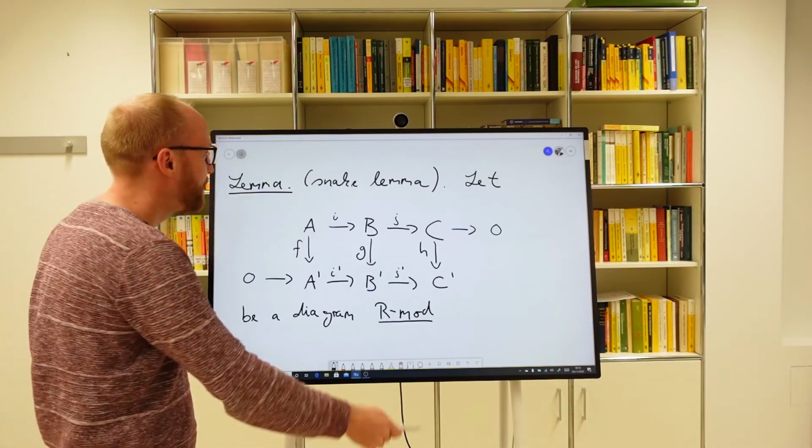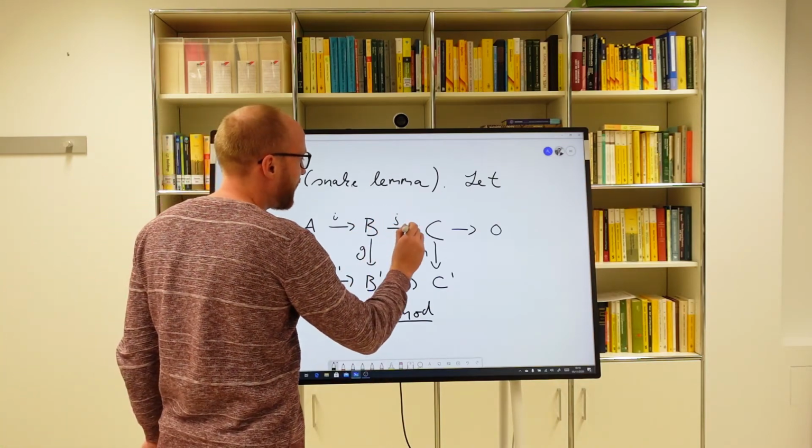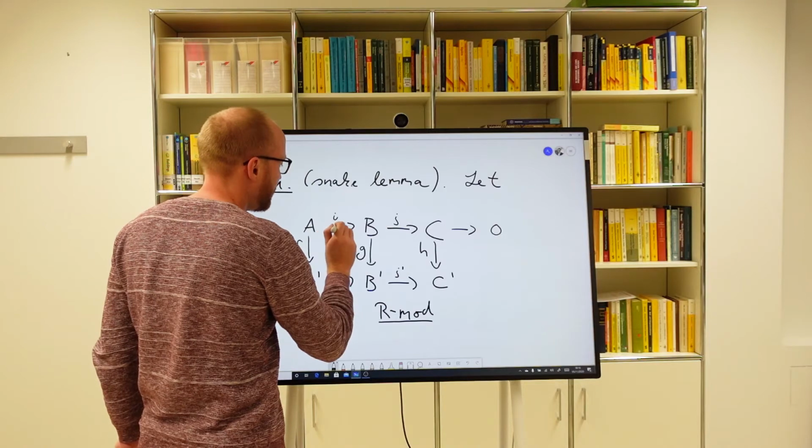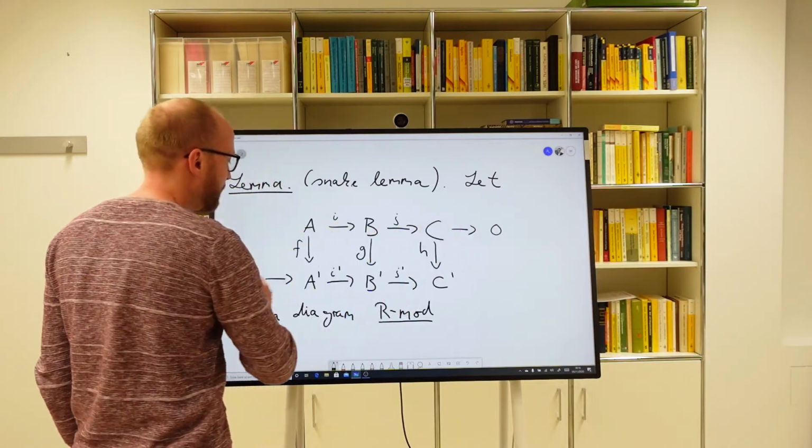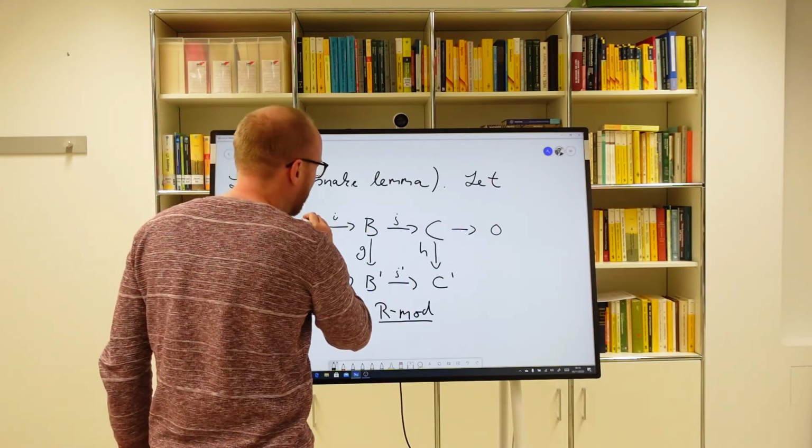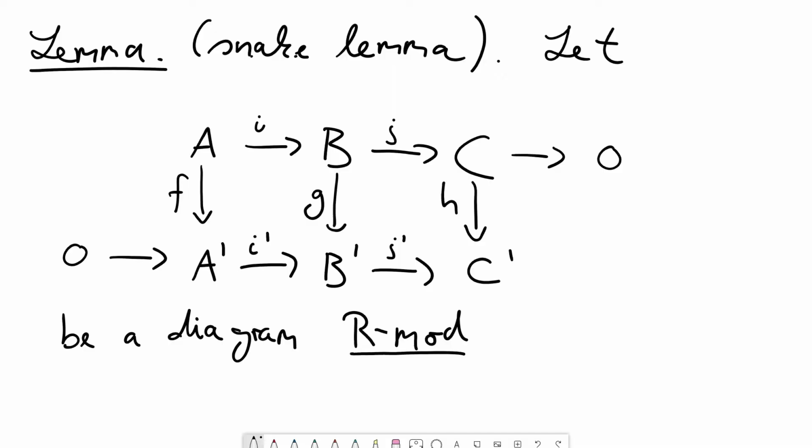Yeah? So remember, that means the kernel of one arrow is the image of the preceding arrow. And this is what we require for all objects in these horizontal sequences. So let this be a diagram in R mod with exact rows.